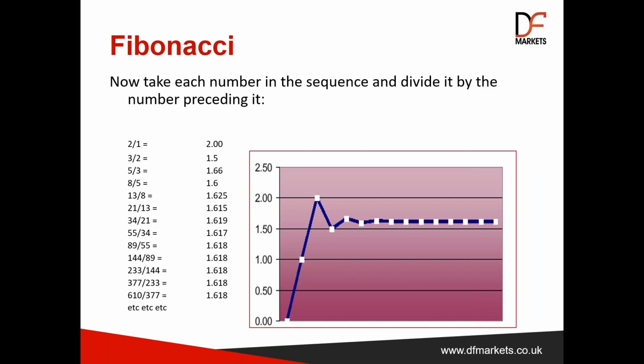It's actually when you take each number in the sequence and divide it by the number before it that we see quite an amazing pattern emerging, because it comes out at a very steady, once you get into the bigger numbers, 1.618.